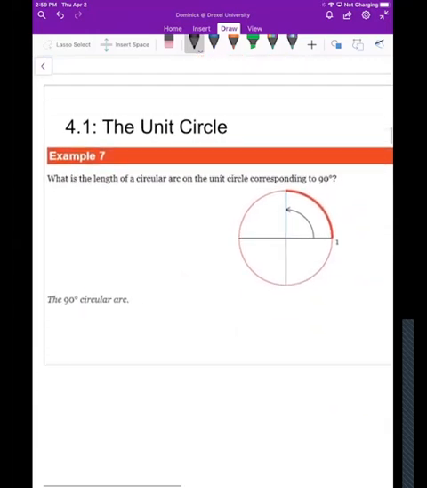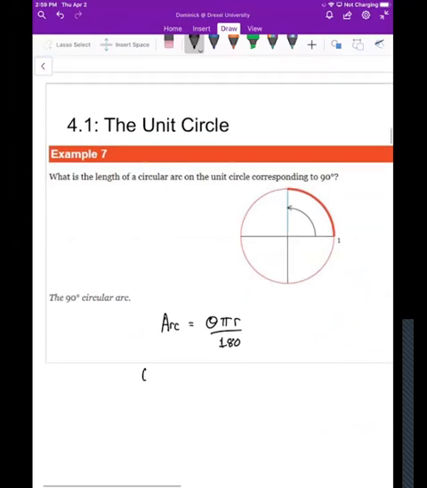Okay, so in this first example, we want to know what is the length of a circular arc on the unit circle corresponding to 90 degrees. Well, we know that this arc has the length equal to theta times pi times r over 180. Now, in this case, our theta is 90. Our r is 1 because we're on the unit circle, and pi is just some number. So the arc is going to equal 90 times pi times 1 over 180.